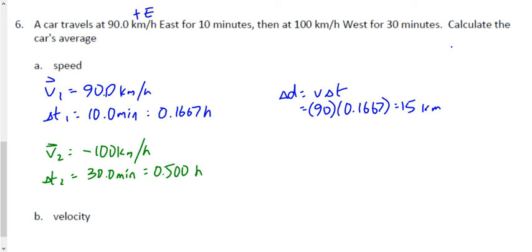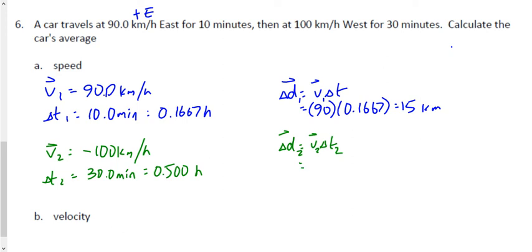My distance in my second section, actually, you know what? Let's just call it displacement in both sections, and then I'll worry about the distance.